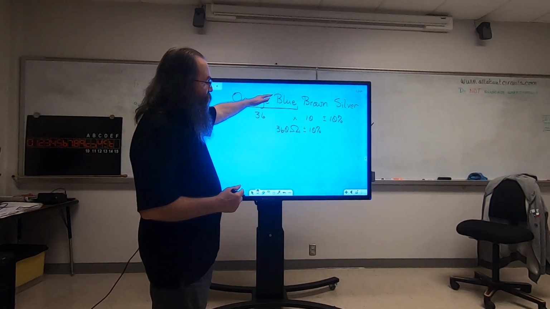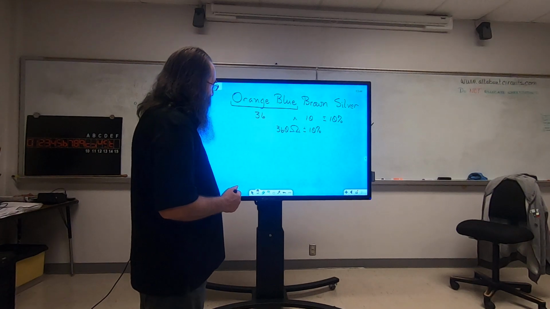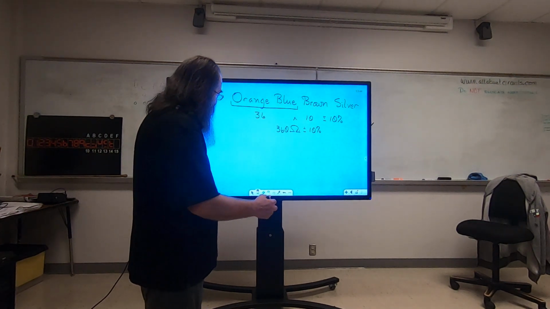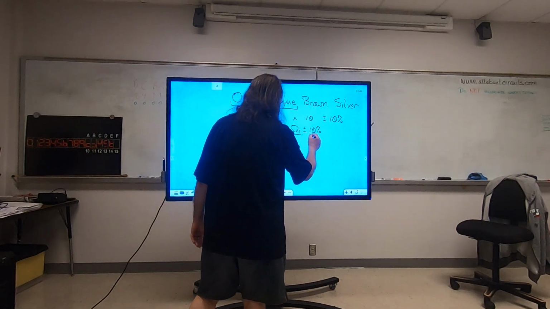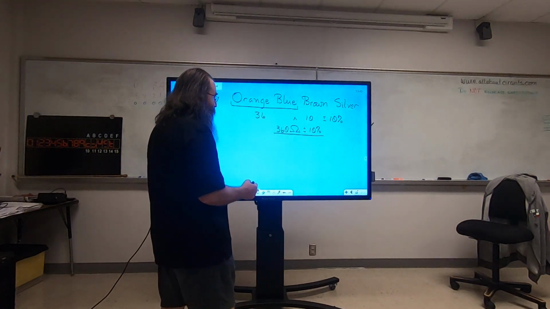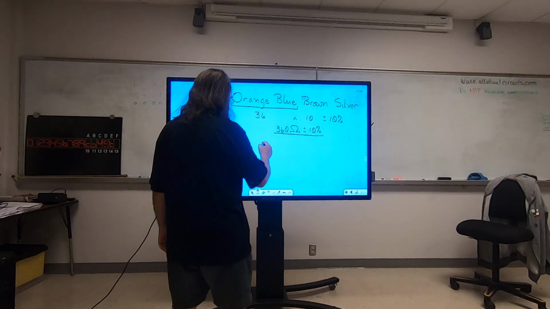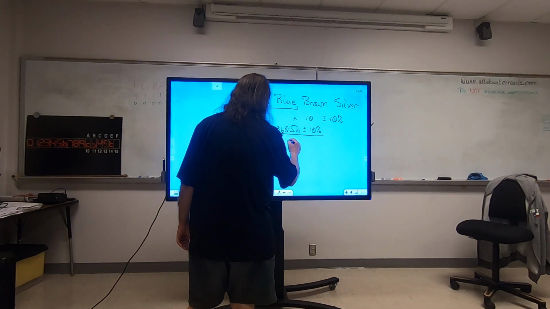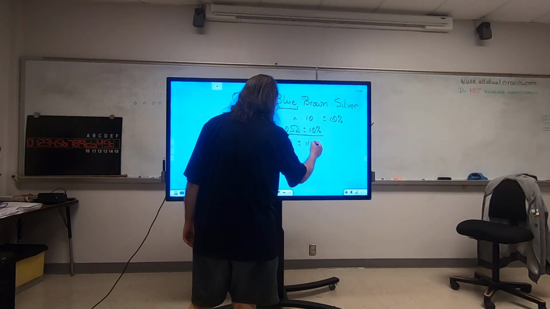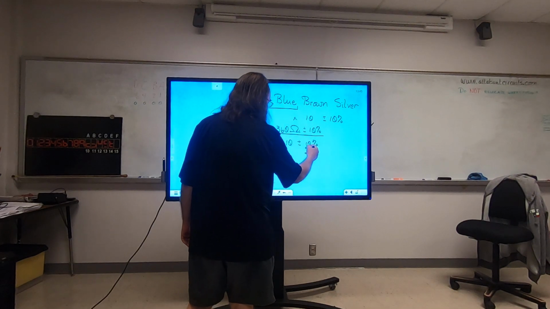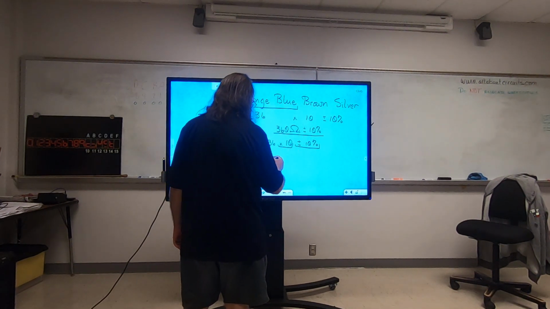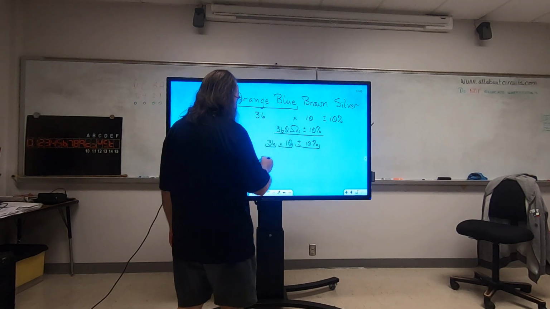Again, this is how you read a resistor. But if I want to call this resistor, I'm starting here and I'm going back to the color code. So I've got 36 times 10 plus or minus 10%. And once again, I'm just going to read that plus or minus 10%. Times 10 here, 36 there.